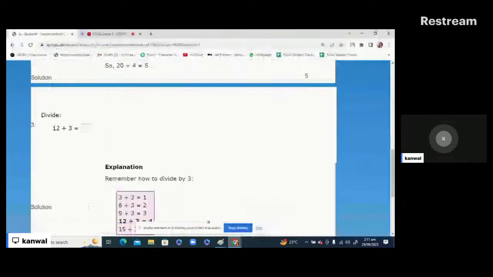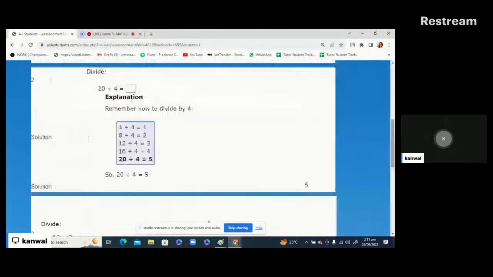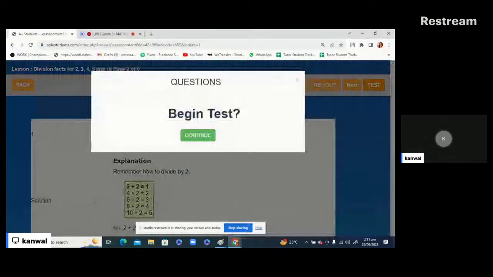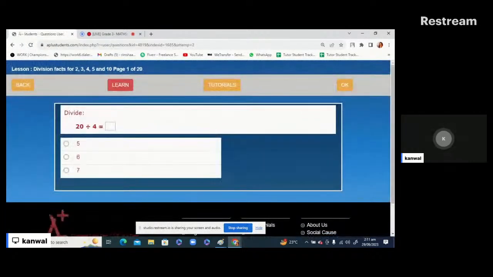Okay, let's do some test questions for that. So in the test, this is the same question as we already did, 20 divided by 4.